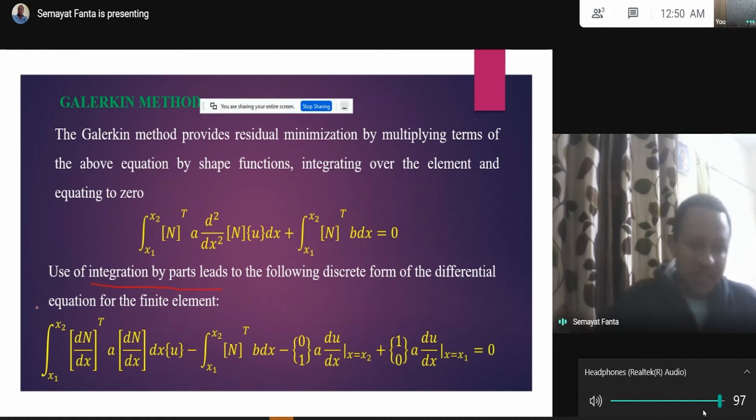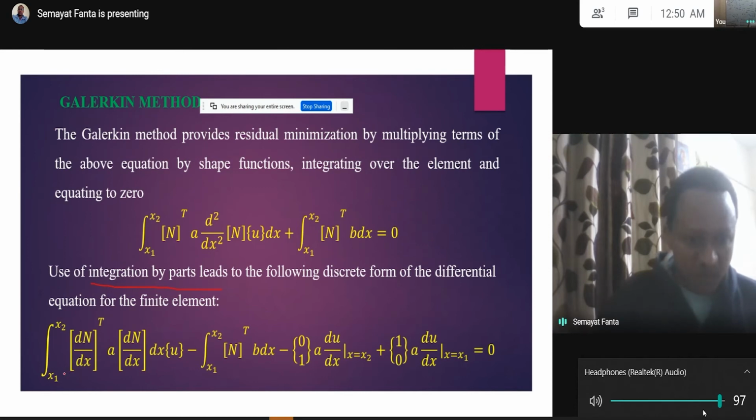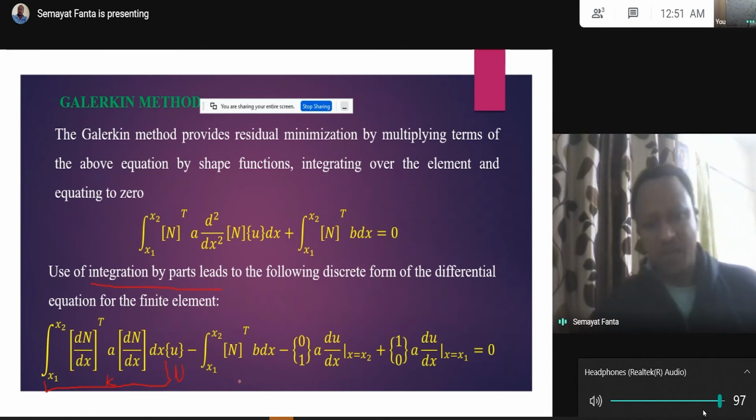So this equation consists of the stiffness matrix. For example, this portion, the integral from x1 to x2 of dN transpose A dN dx, is the K matrix portion. Here there is u, so Ku.